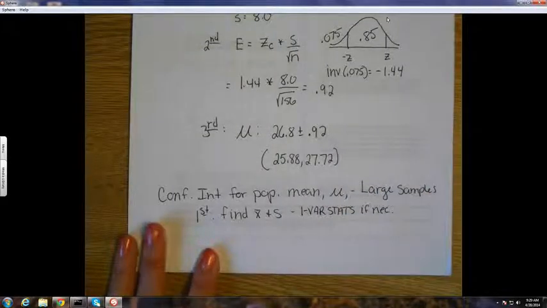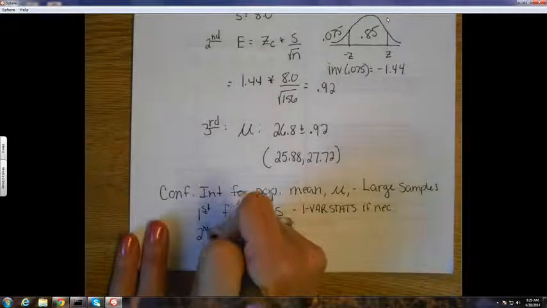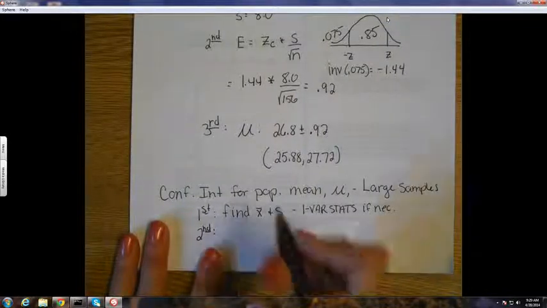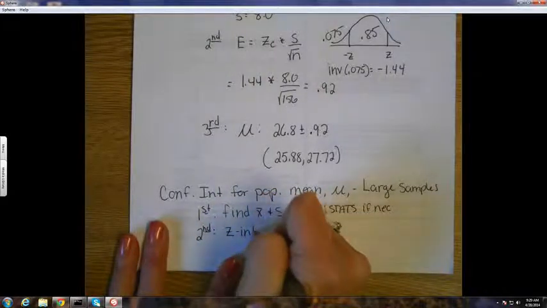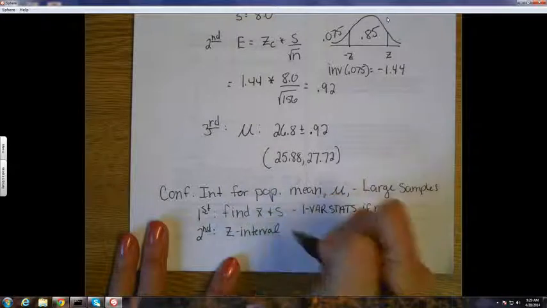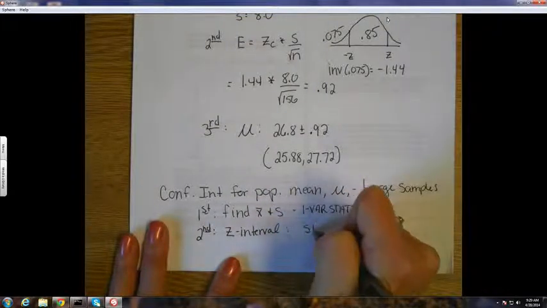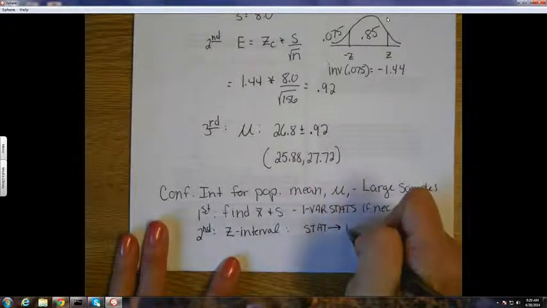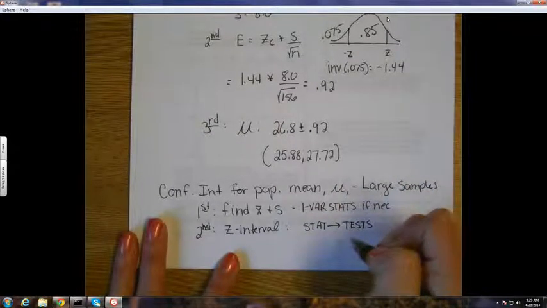Okay, the program is called Z-interval. We're doing confidence intervals, so these are going to be all the intervals. So we're going to be looking for Z-interval, and that can be found under stat, over to test, and then you're going to go down and look for Z-interval.